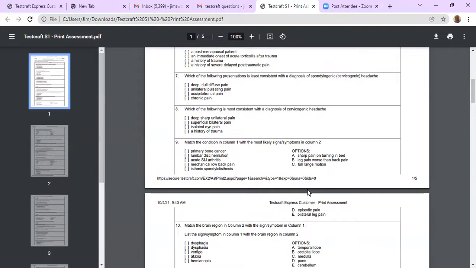The thing that threw me off with that is the deep aspect. I was going between the deep, sharp unilateral pain and the superficial bilateral, but I wouldn't expect it to be bilateral. No. Probably the most consistent with the diagnosis is trauma.